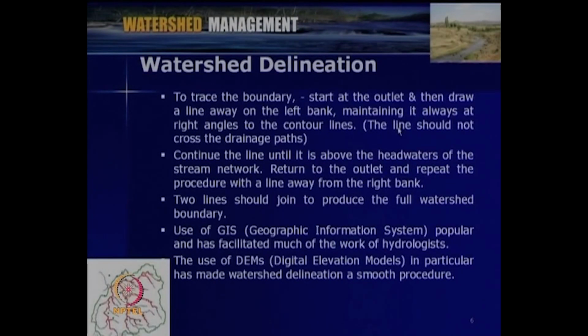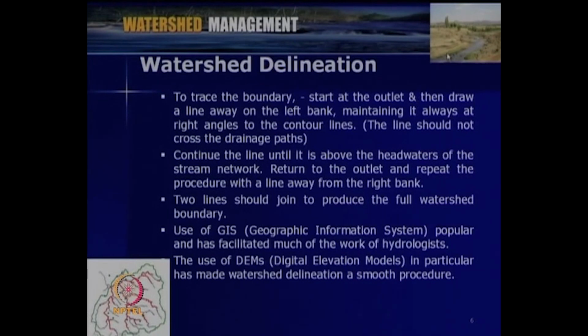So, now our discussion here is about watershed delineation. To delineate the watershed, as I mentioned, this is a watershed which is already delineated, or this is a photo of a watershed. To delineate the watershed, first we have to trace the boundary of the watershed. So, we start at the outlet of the watershed.